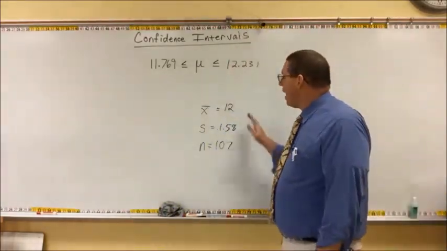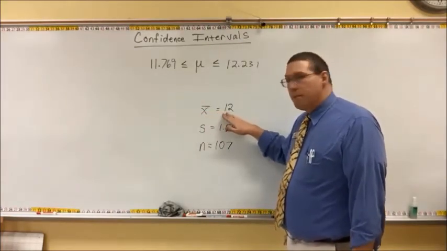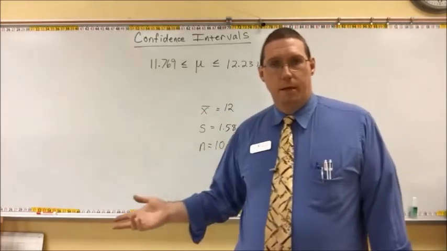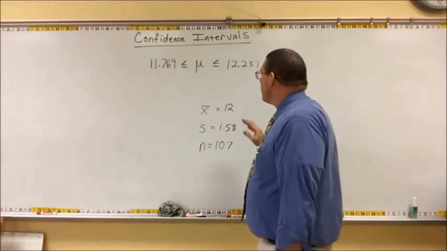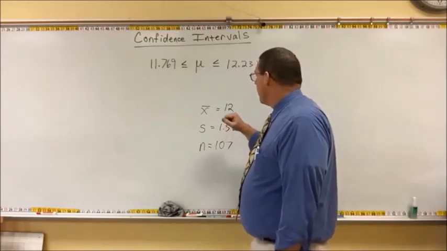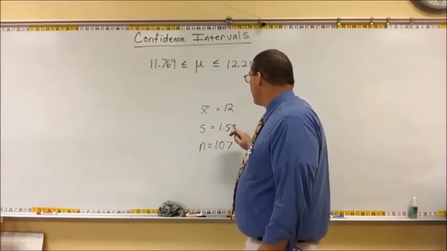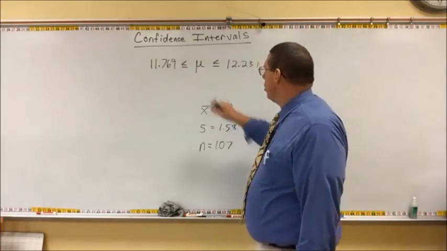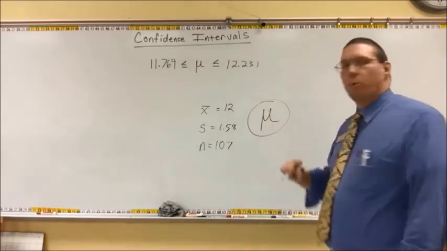And so any one of those samples would give us either the same mean or a different mean. But what we want to know is, what is the likelihood that the sample that we chose is like the actual population mean? That's what we really want to know.